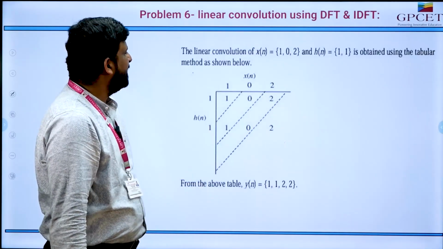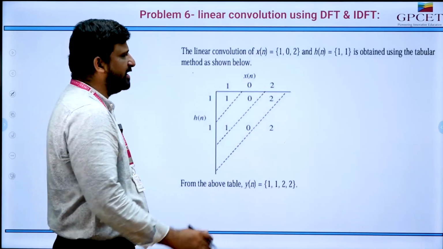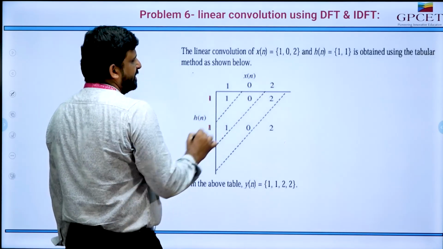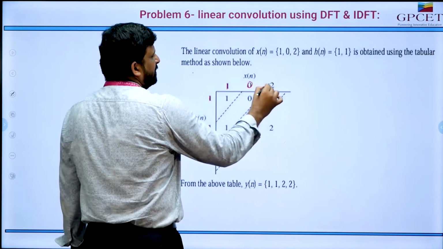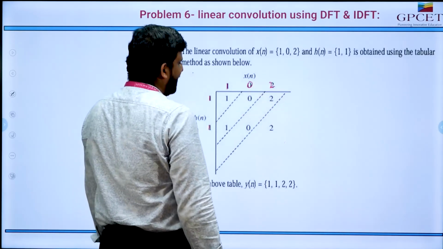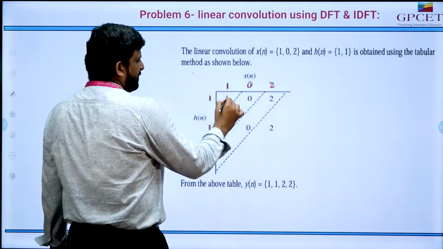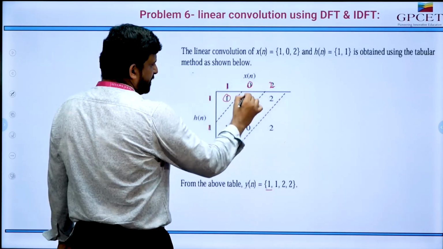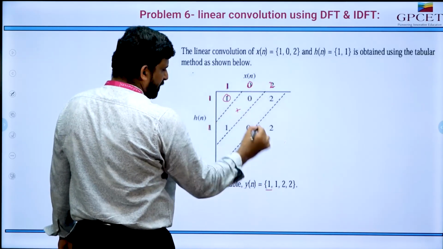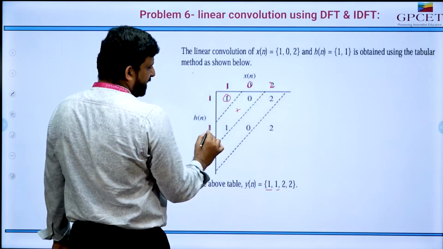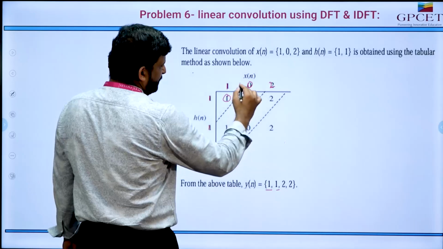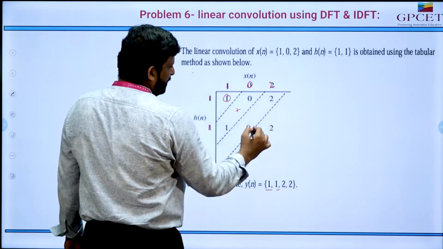So this is the linear convolution, and to confirm whether the obtained answer is correct or not, just see here: h of n on the vertical axis and x of n on the horizontal axis. 1 ones are 1, so one value I got here. Now 1 ones are 1, 1 0s are 0. If I add these two things, 1 plus 0, I got 1. Now the second 1 here: 1 0s are 0 and 1 2s are 2.